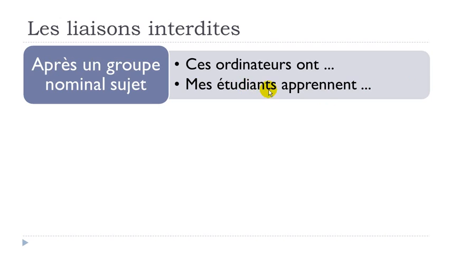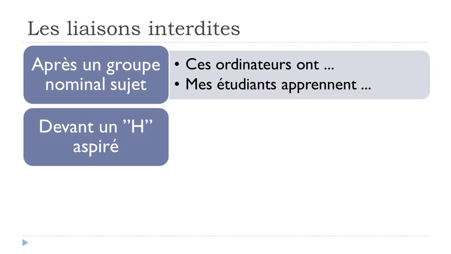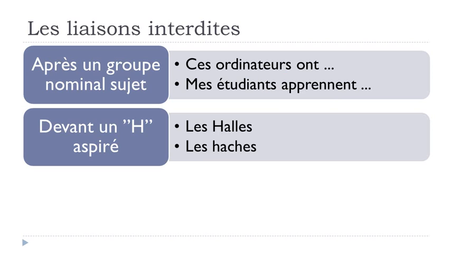So the concept is quite strict. Remember, you've got your subject, so it must be something like that. Okay, so you've got a group of words, and after that, you won't make the liaison with the verb. Okay? And then, this is quite interesting because it's what we call un H aspiré. Okay? So for instance, in this case, I put that in a big letter because it's a place in Paris.